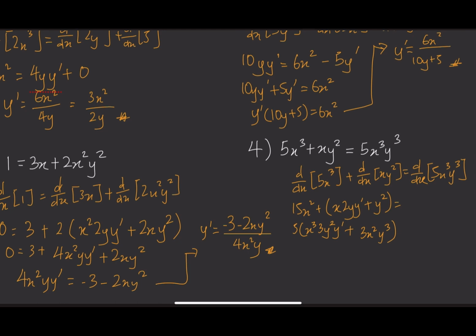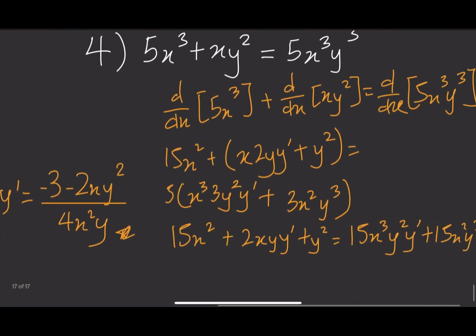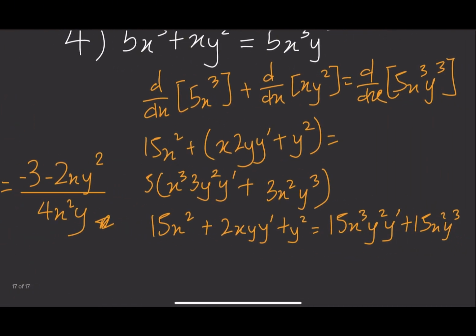Alright, I think we got it this time. 2xy y prime plus y squared equals 5, 15x cubed y squared y prime plus 3x squared y. Wait, no, it's not 3. 15x squared y cubed.